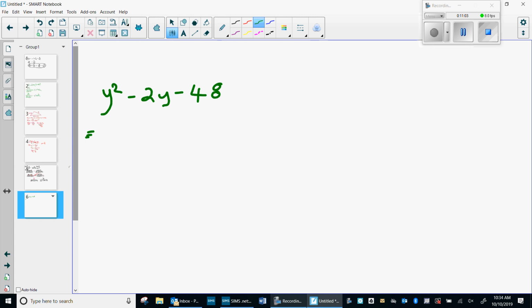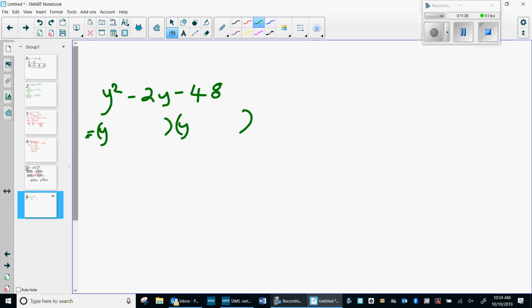Factorize. Okay, so remember, factorize. Usually when you see this, it's like a 2 bracket thing. So you put 2 brackets in. And then for me, since it's y squared, I do both y's.